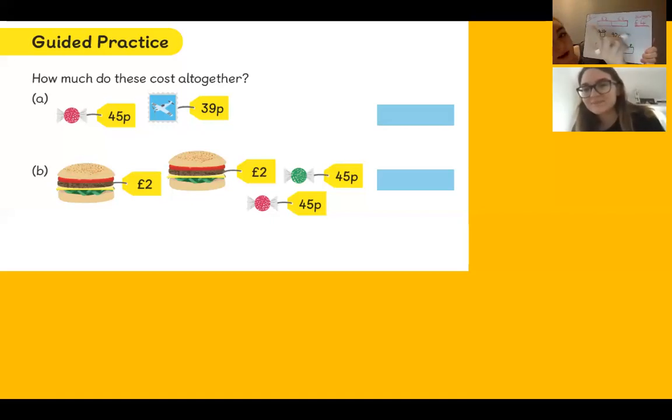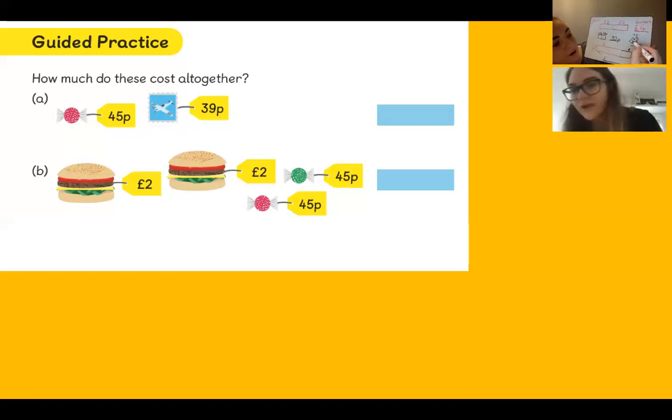And if you weren't sure of how to work that out, children, you could draw the column method like we just did in the previous question. I'm just going to draw it out for you now. So 5 add 5, Miss K, is 10. So you put 0 and 1 goes into our tens column. Then 4 plus 4 is 8. Add another 1 is 9. So the answer becomes 90.